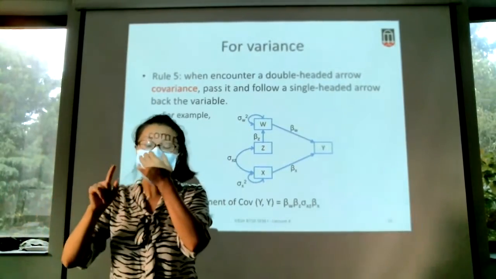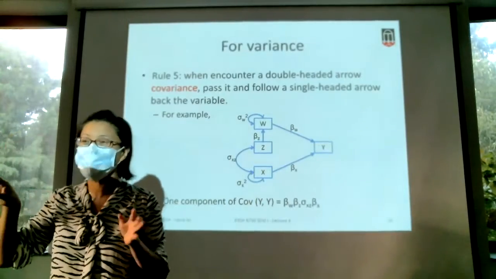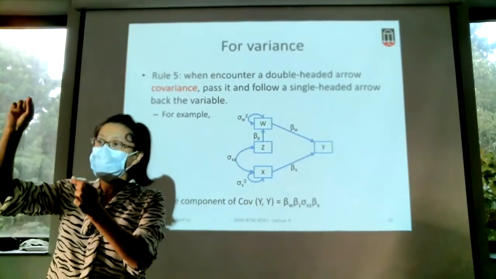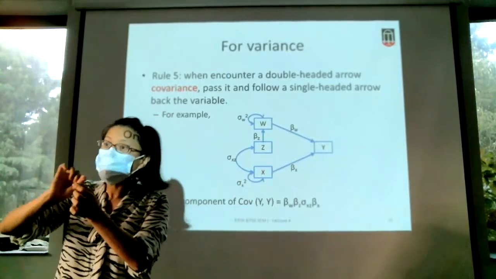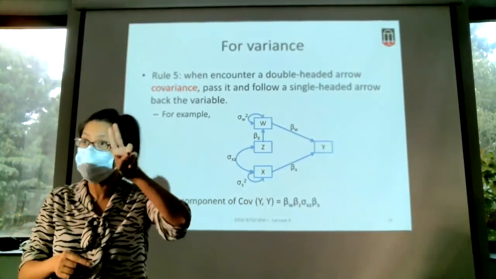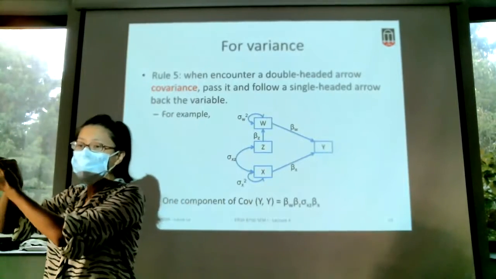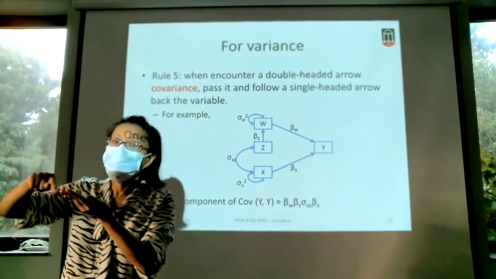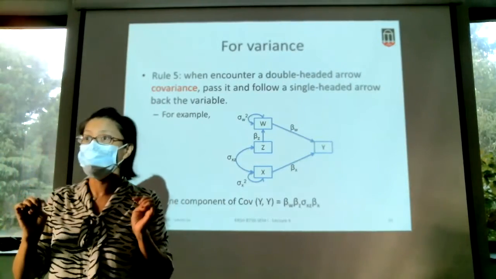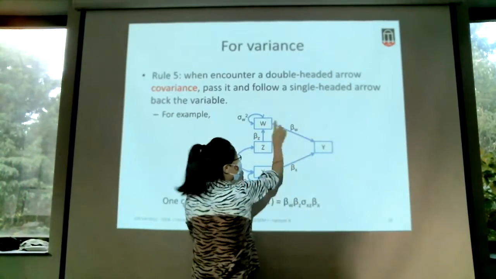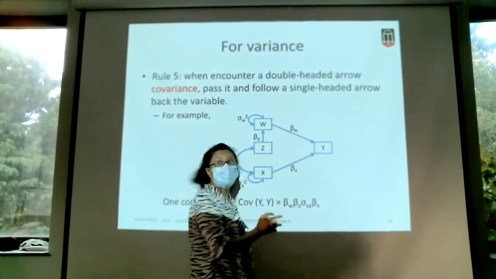Exactly, that's a good point, because in the next example you will see that we have different paths, but if you change the order of the same path, there will be 2 components. So you start from the same variable, the same path, but a different order, and then that will be different.